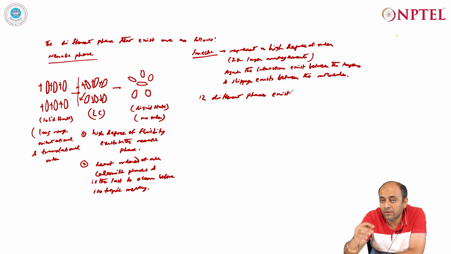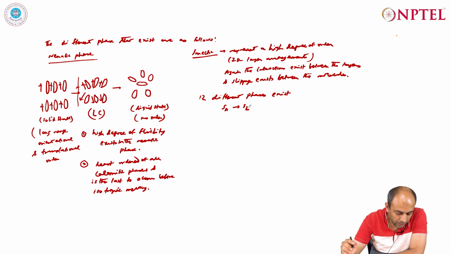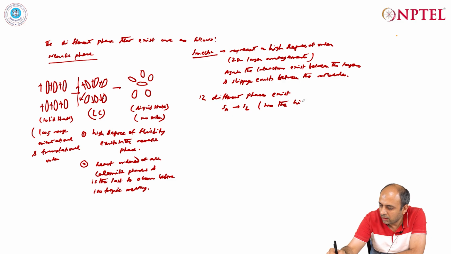So, just like in solids we have got different phases, in the liquid crystal state also we can have different liquid crystalline phases, and these have been labeled as SA to SL: A, B, C, D, E, F, G, H, I, J, K, L, and the most ordered state has the highest viscosity for the most ordered structure.